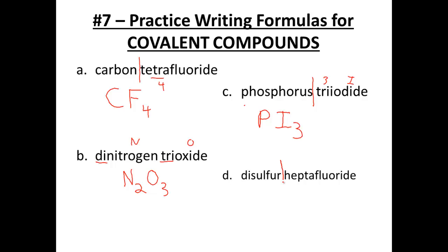Disulfur heptafluoride: by either seeing our prefixes or by nonmetals, we can tell it's covalent. Disulfur, S2, heptafluoride, S2F7 would be our writing for our covalent compounds.